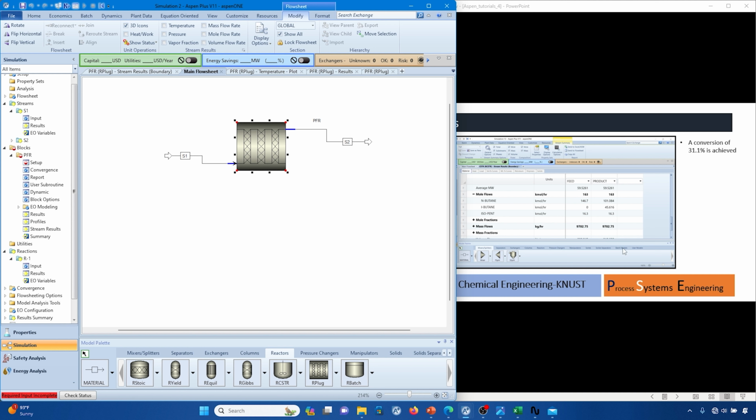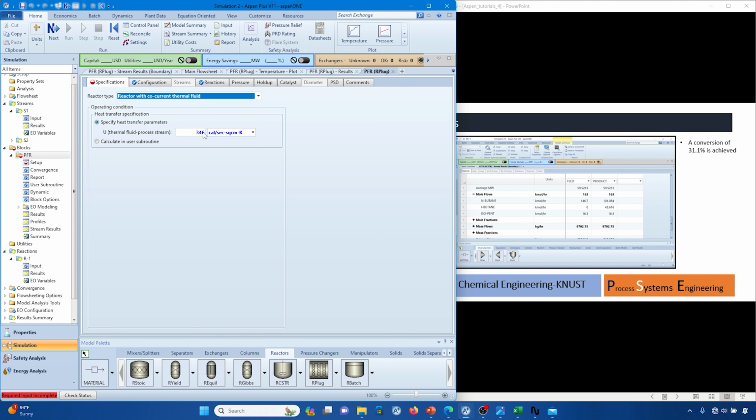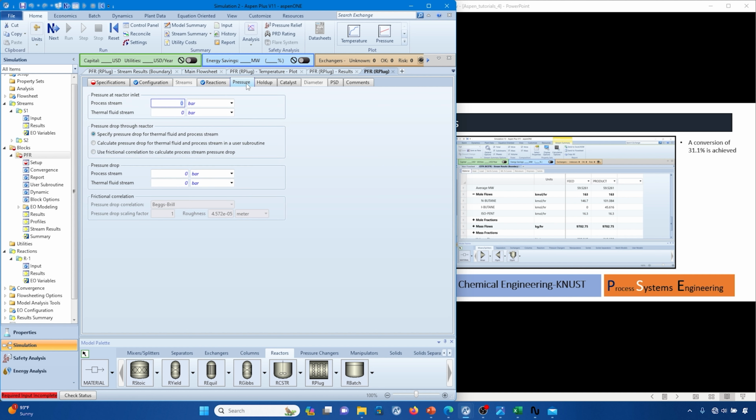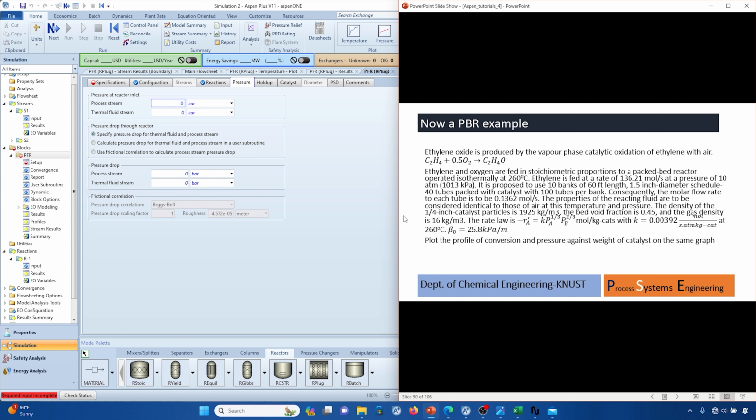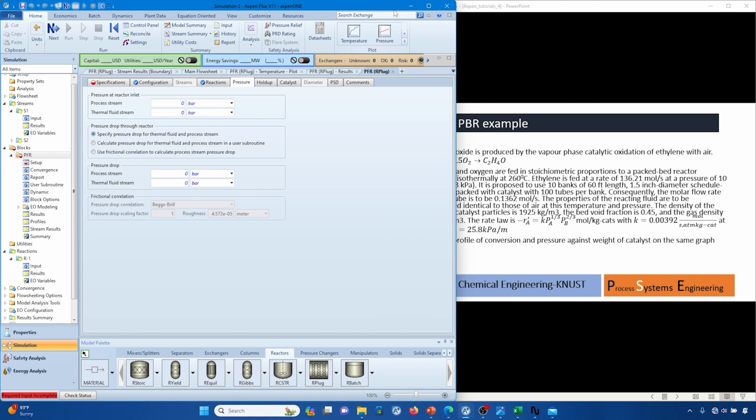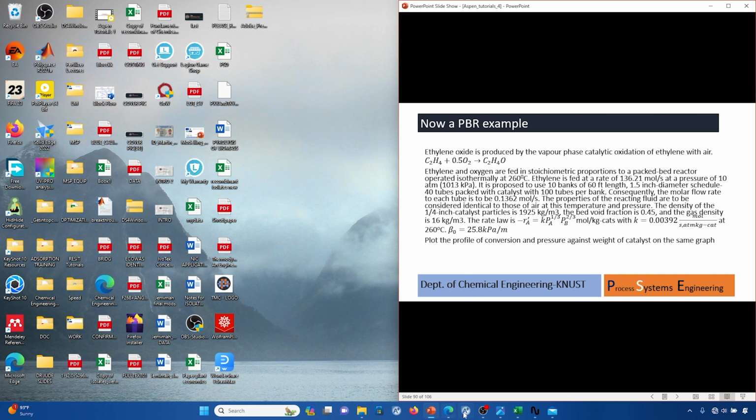It doesn't differ much from the PFR, minus the specifications. In terms of specification, the presence of a catalyst and the pressure. So we will use this example and attempt solving this problem using Aspen Plus software.